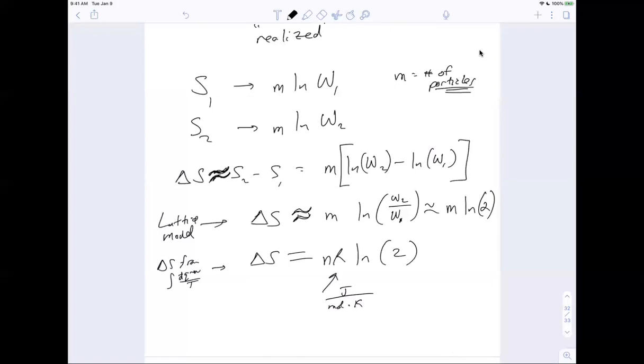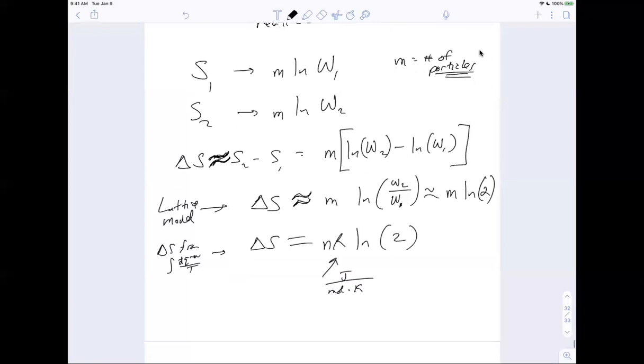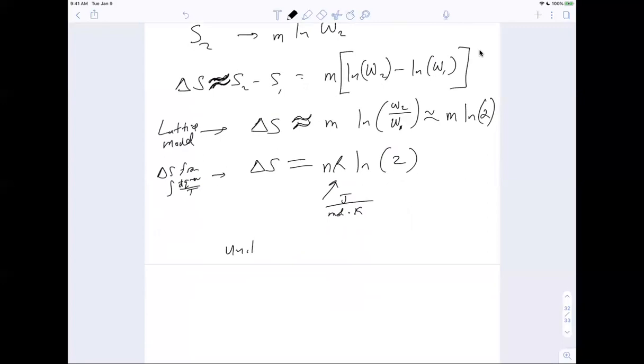So when we multiply this by moles, which is little n, we get units of joules per Kelvin. And since the log of something doesn't have units, S would have units of energy per unit temperature, in this case joules per mole K.